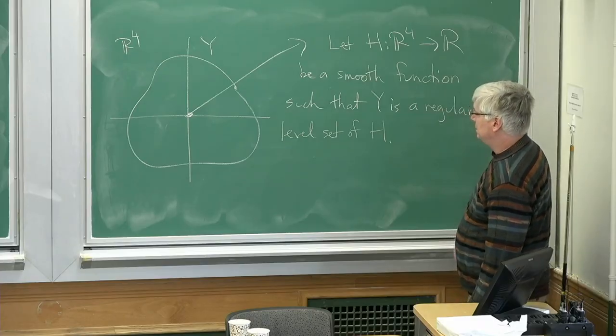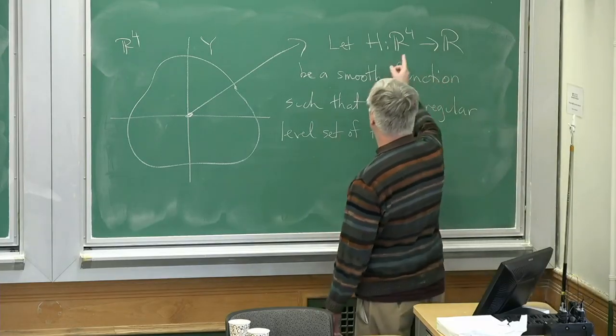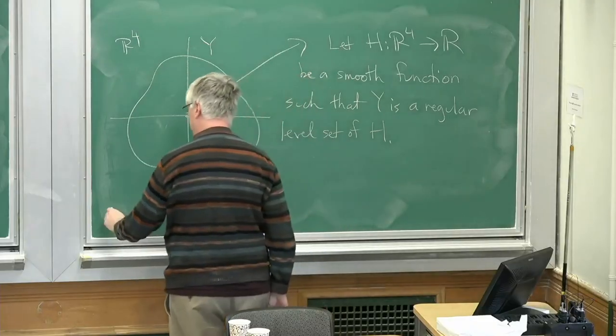And then this determines a Hamiltonian vector field. Well, any smooth function H determines a Hamiltonian vector field.